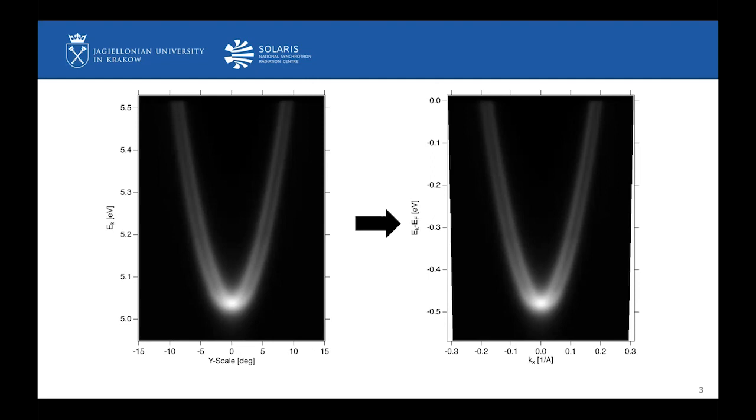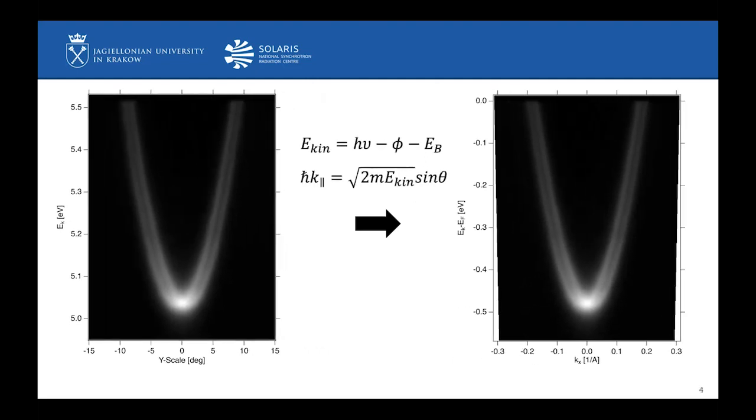So to do that, we will use the equation from the last slide, and the vertical axis is very easy. As I said, it's just a simple offset, but the horizontal one is somehow deformed due to this nonlinear part of the equation. So the question is how to do that.